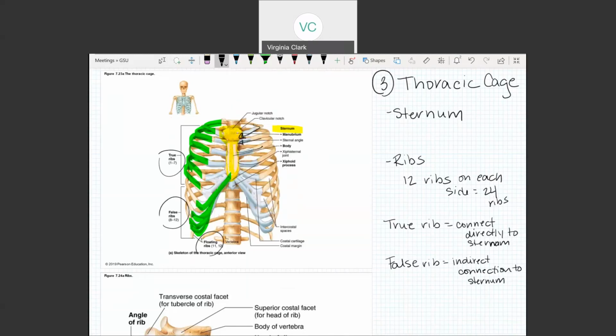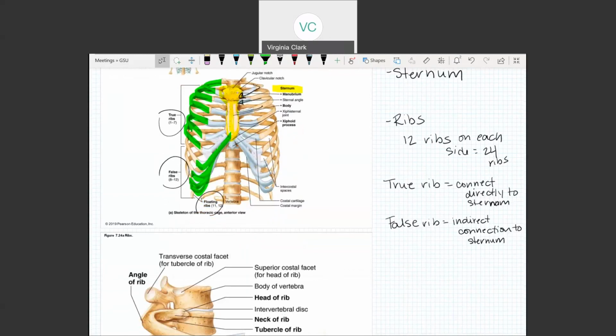Well, and then within the false ribs, you'll have something called the floating ribs. And these ribs are the ones that are not attached to the sternum, or they are not connected in any way. They are going to float, and they usually don't go all the way around to the front.